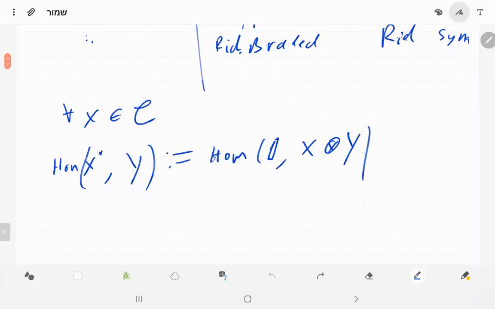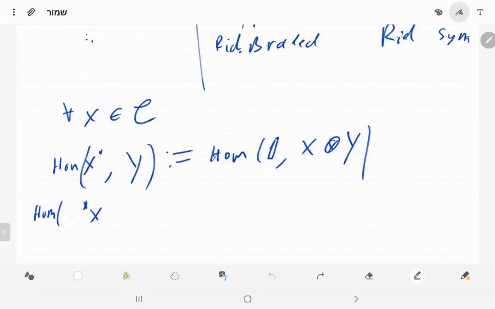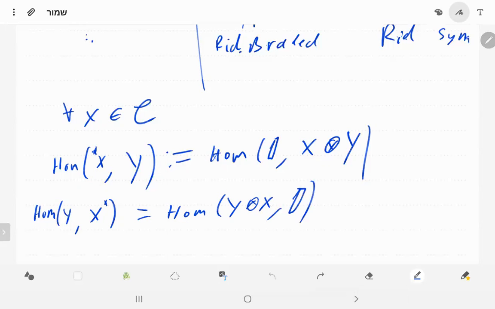So I think this is used like this dual, and in general we might also have another dual, defined in the opposite way, Hom from y to here. No, probably this is the usual dual. I'm probably wrong. This is Hom from y times x to the unit object. I think this is the order.